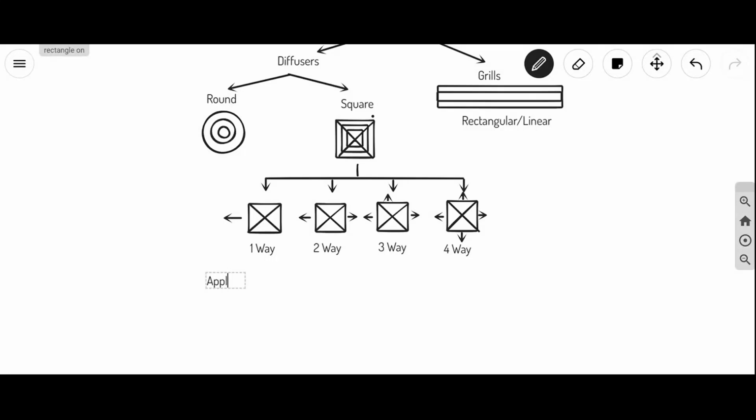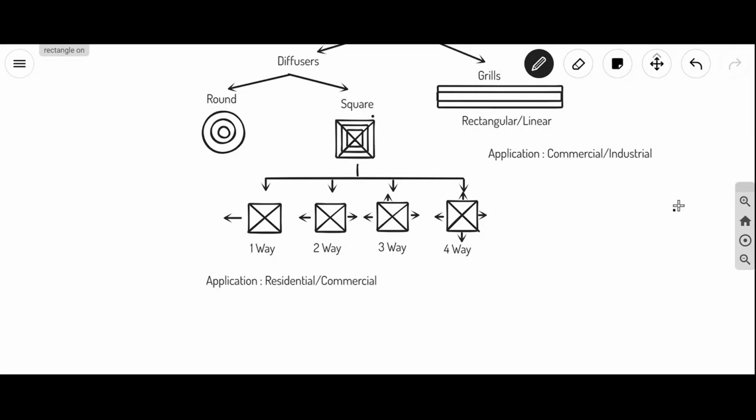So application: residential, commercial, or industrial.